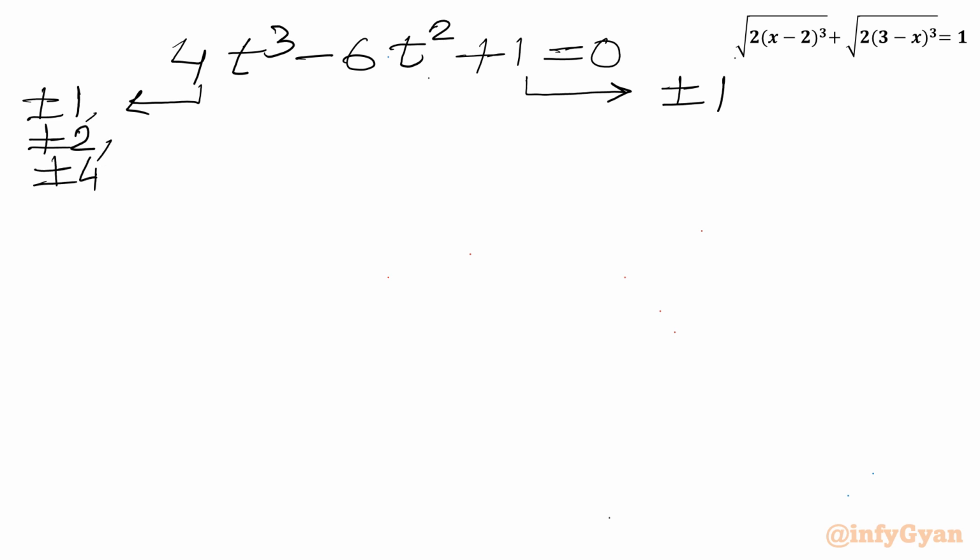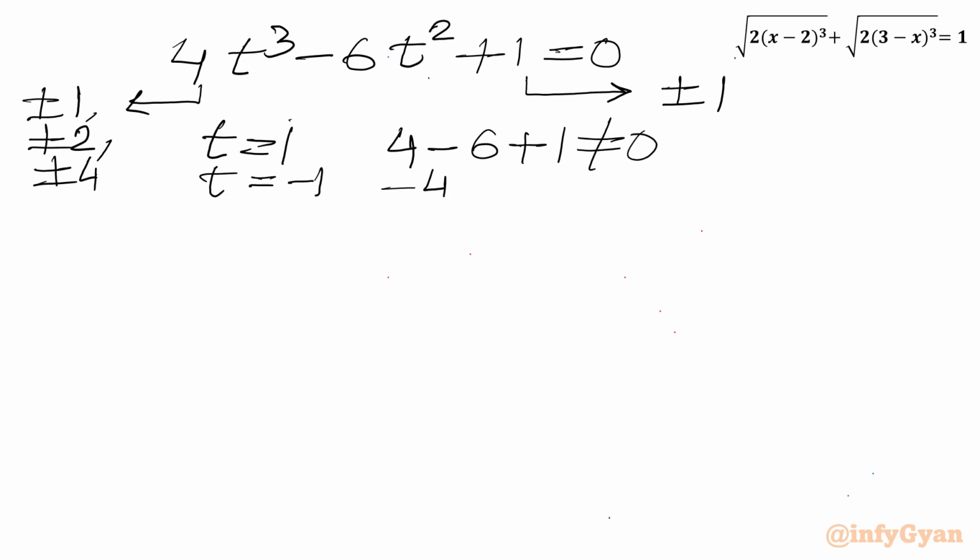Now we have to consider the ratio of constant to leading coefficient for our base solution. If I write t = 1, so 4 − 6 + 1, no, it is not 0. t = −1: −4 − 6 + 1, no, it is not 0.